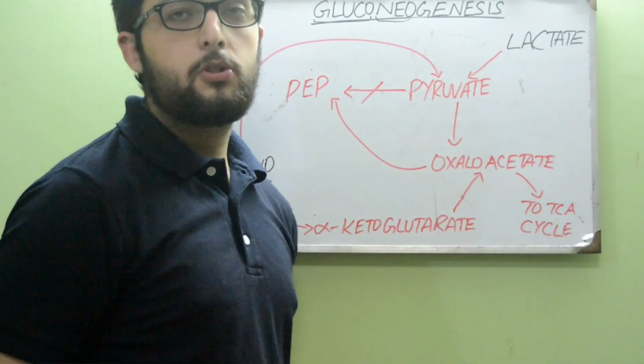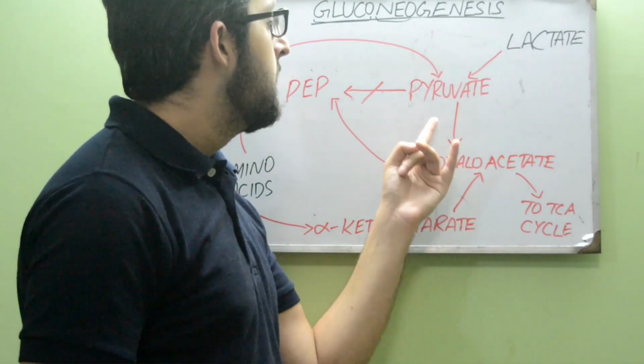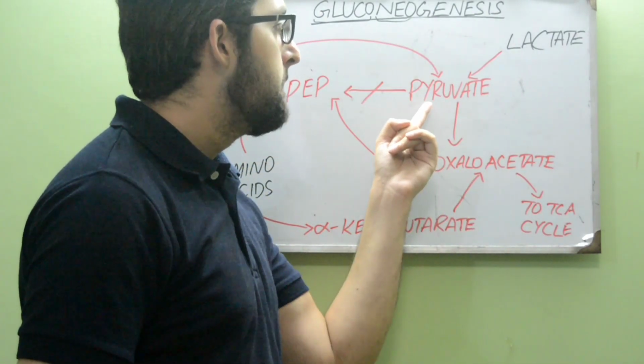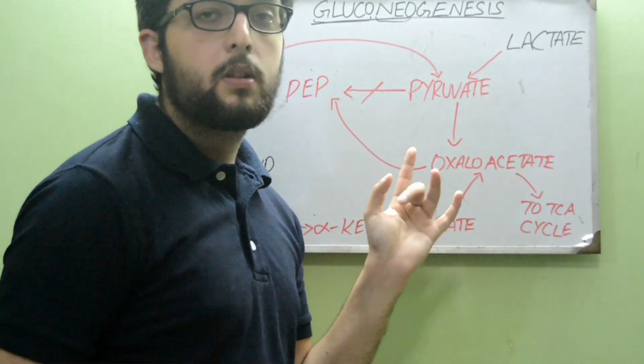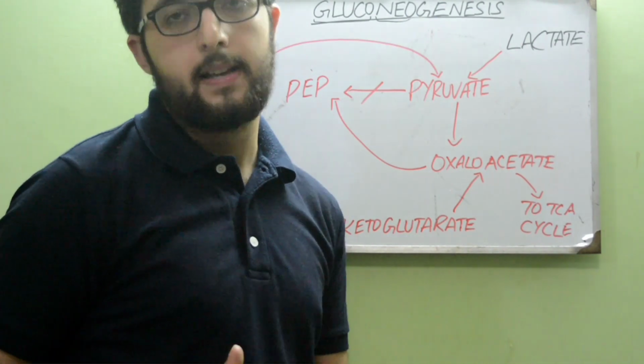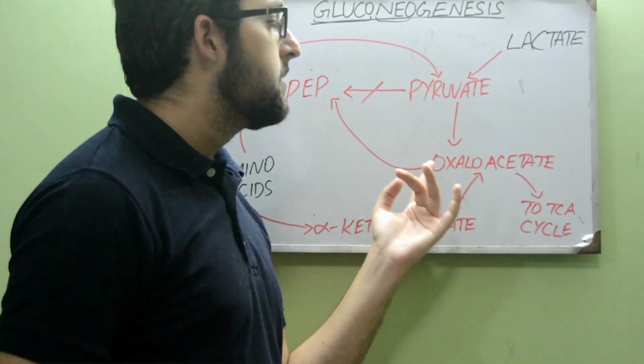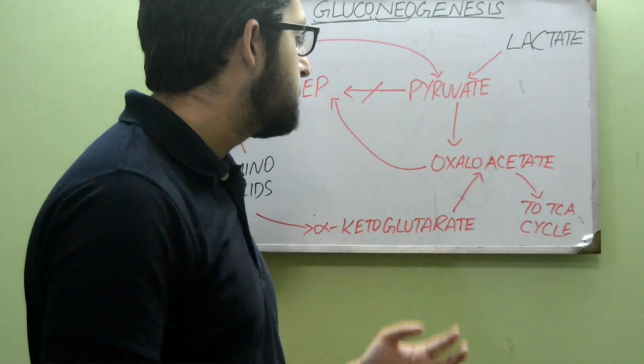So pyruvate has to offer an alternate route, right? And that alternate route is in the form of oxaloacetate. Pyruvate is converted to oxaloacetate by an enzyme called pyruvate carboxylase, right? Because pyruvate itself is a 3-carbon compound, oxaloacetate is a 4-carbon compound.